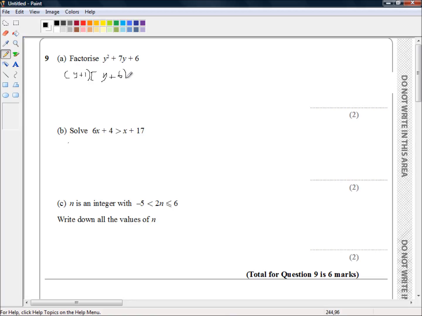It also works if you did it the other way around and had y plus 6 into y plus 1. Either way is fine. And that should get you your 2 marks. There's not really any working out to show there.